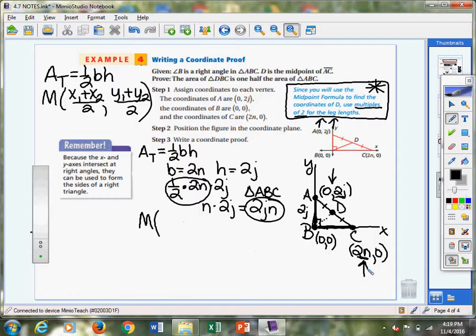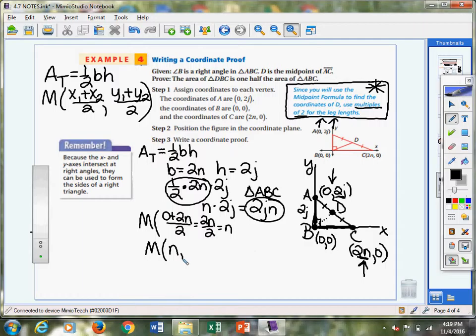So I'm going to add my x's: 0 plus 2n, and divide that by 2. 0 plus 2n is 2n, and 2n over 2 is just n. See how cool that was? I didn't end up having a fraction that I have to deal with and use in my math. That's wonderful. That's why we double like we did.